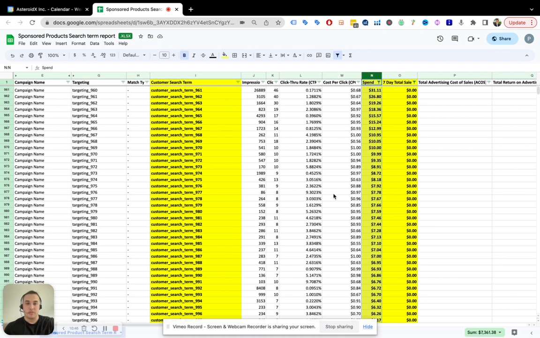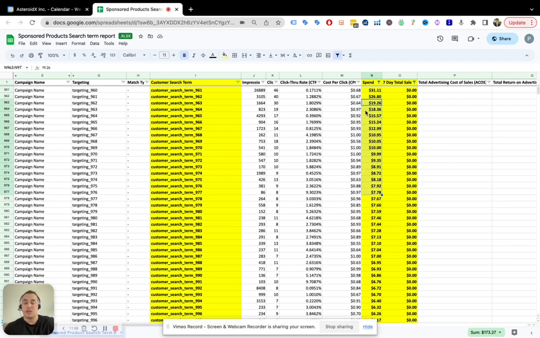So that's really harmful. And unless you do this exercise and you look through the search term report like we just did, you're going to keep getting hurt by this every single month. It's like a crazy tax on your Amazon business that doesn't go away, right? So you can fix it and you'll make more money for sure.